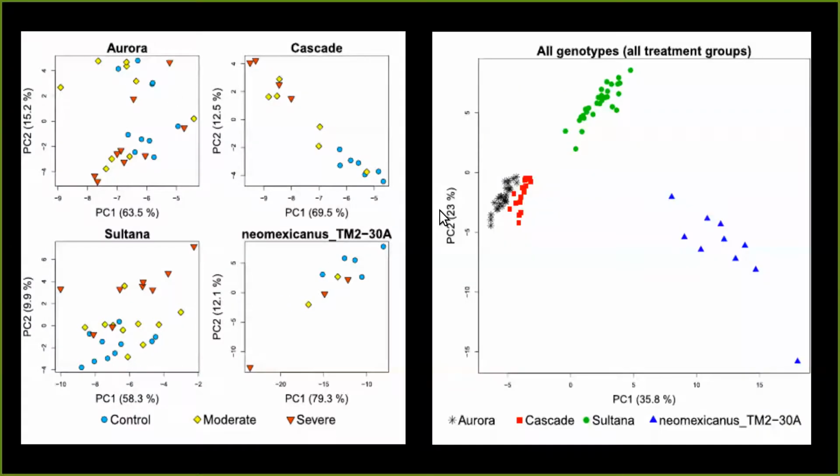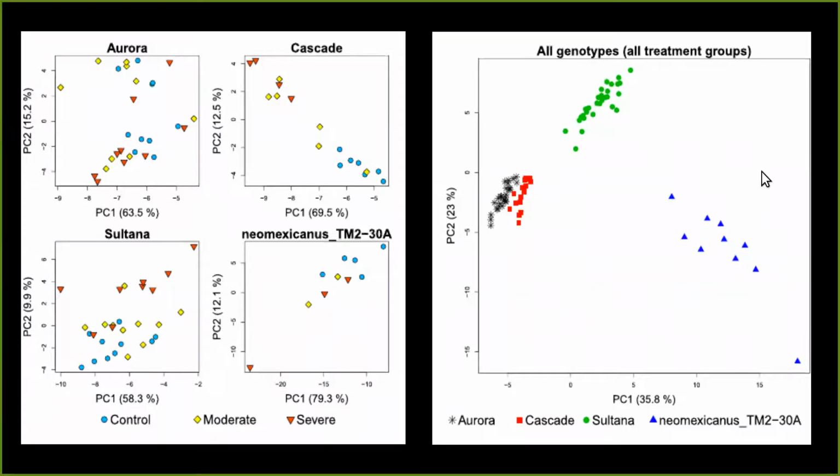So this is looking at each genotype individually. But when we zoom out and look at all of them together on the same plot, we see that each of these genotypes is pretty distinct on the PCA. For example, this is the Sultana genotype, and these are all of the different treatment groups together. The control, severe, and moderate are all here.